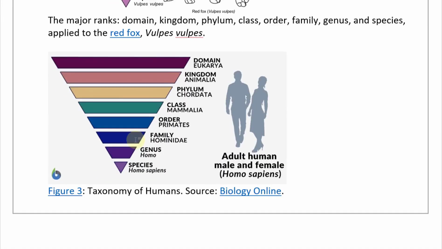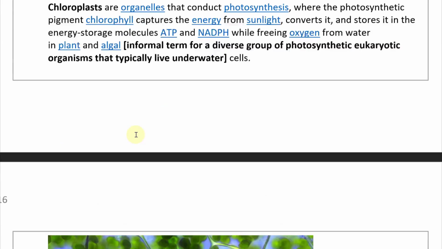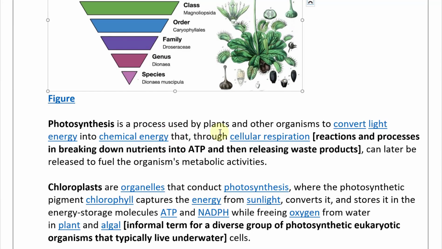Photosynthesis is a process used by plants and other organisms to convert light energy into chemical energy that, through cellular respiration, which are reactions and processes breaking down nutrients into ATP and releasing waste products, we'll go over that later in the video, can later be released to fuel the organism's metabolic activities.